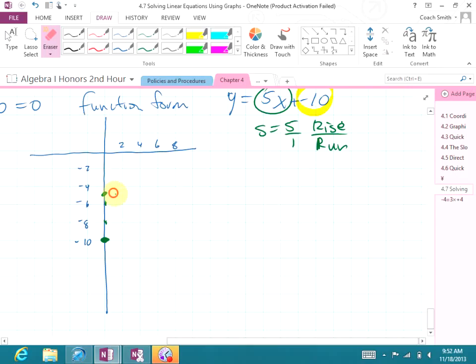Got to go here. Then I got to go up 1, 3, 5, and over 1. So there's your line. So x equals 2. Okay, that's what I just proved graphically.